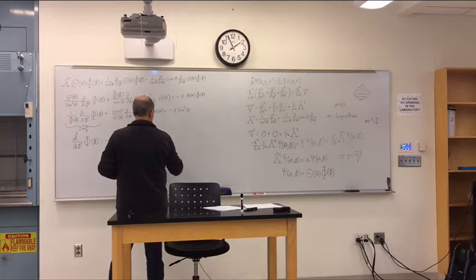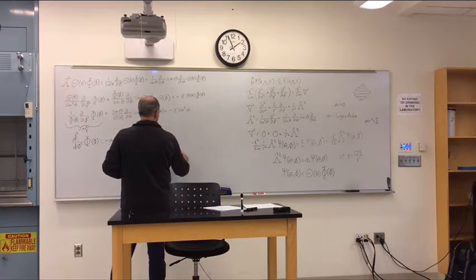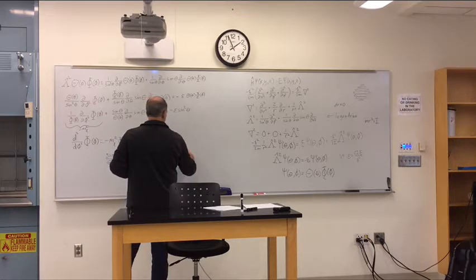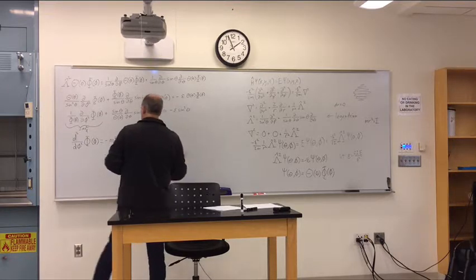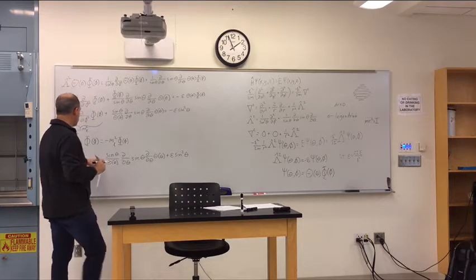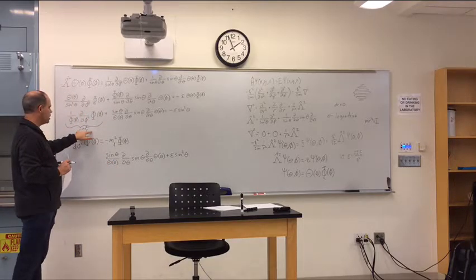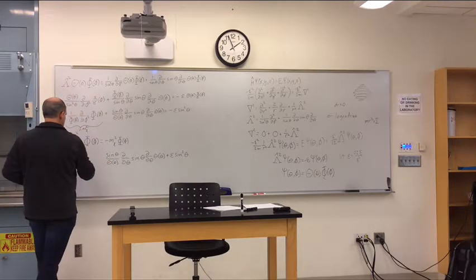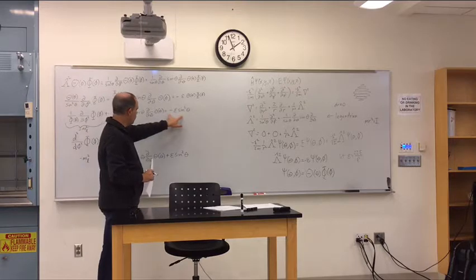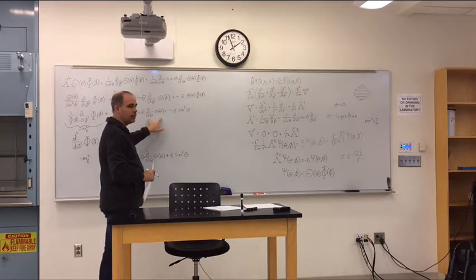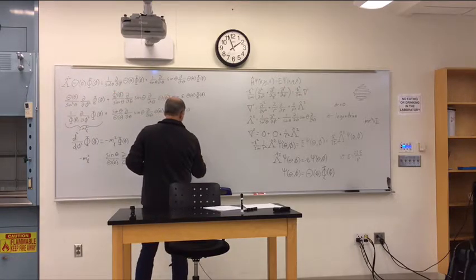We take that plus sine squared of theta. So this part here is minus ml squared. I moved this to the other side, so this should be equal to 0.